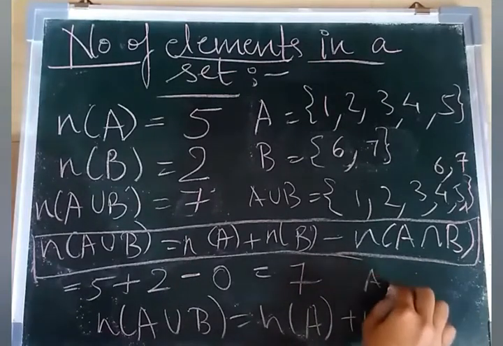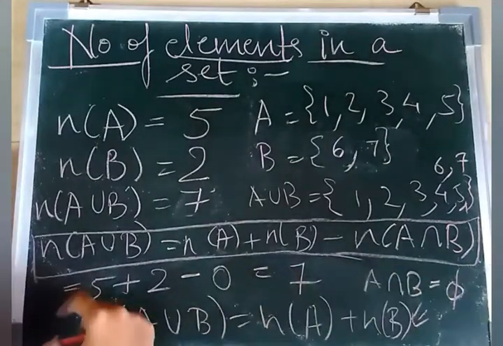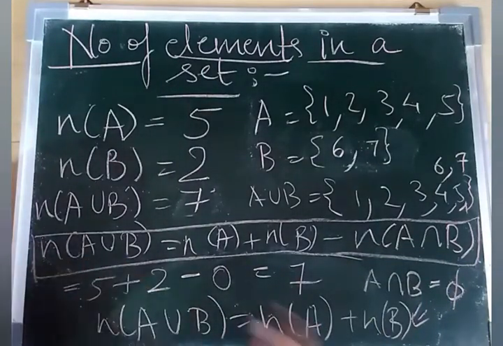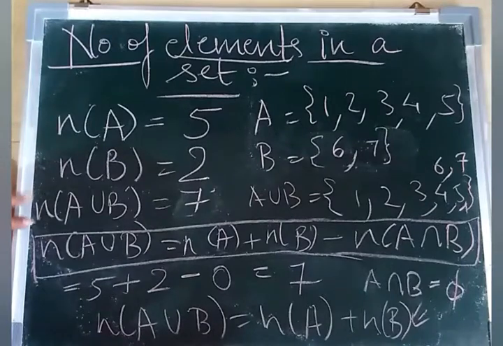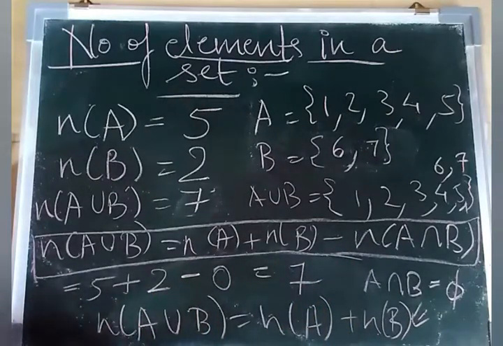When A intersection B is a null set. When A and B are disjoint sets, we just need to add the elements in A and B to get the number of elements in A union B. Whereas when we have some element in the intersection, we need to subtract it once. Okay? So this is an important observation when we are talking about the number of elements in a set, in the union of two sets, in the intersection of two sets.